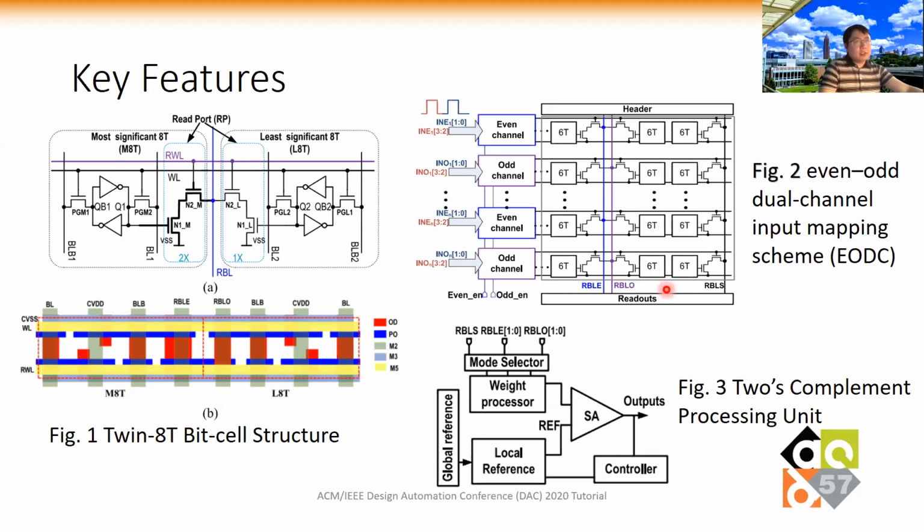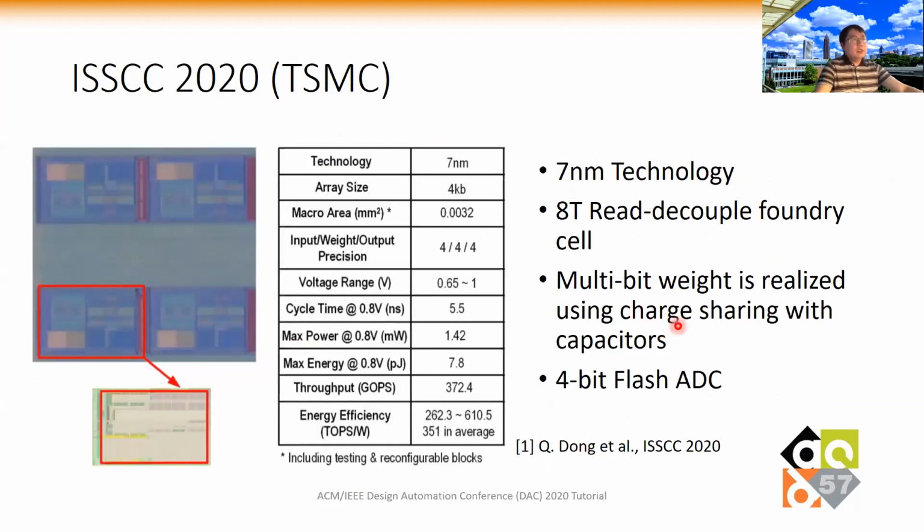So I will skip the details of the other key features here. And recently, foundries like TSMC also tapped into this field. And they can use, of course, the latest technology, like 7nm, and use a design similar to what we showed in the earlier slide, the 8T read-decoupled cells.